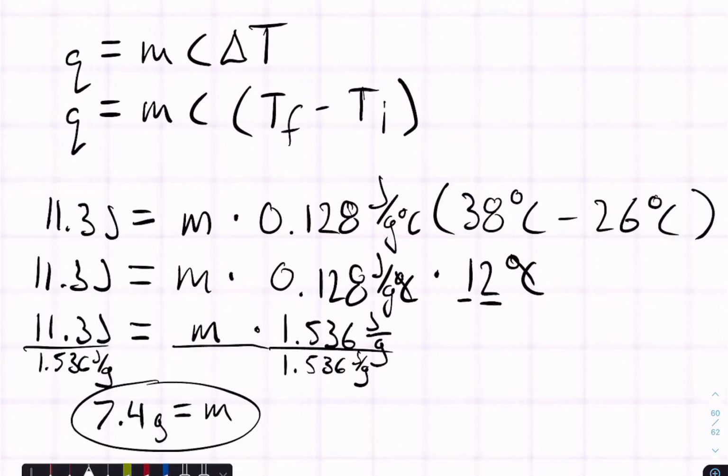Sometimes you'll get 2 numbers that subtract. So if this had been 38.0 and 26.0, that would be 3 sig figs. And we're keeping the smallest number of decimal places because it's subtraction. But here, we don't have any decimal places. So it's going to be 12, and that's 2 sig figs. So when we multiply 12 by 0.128, how many sig figs do we have?